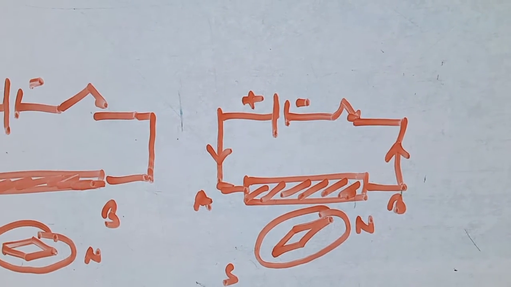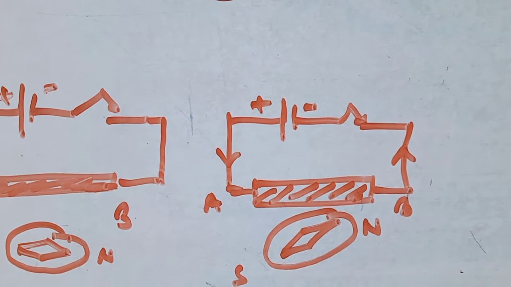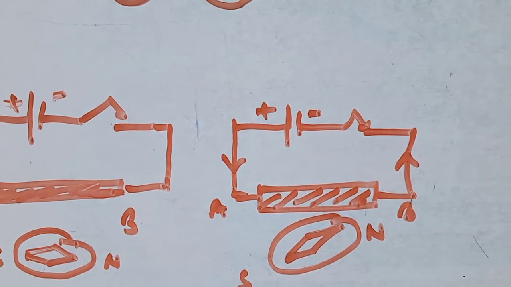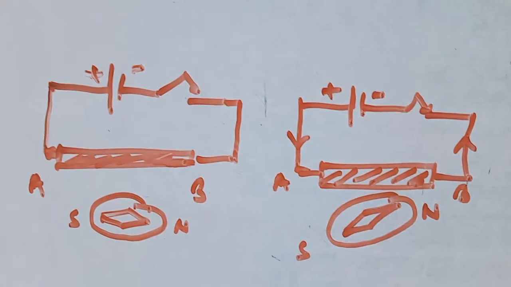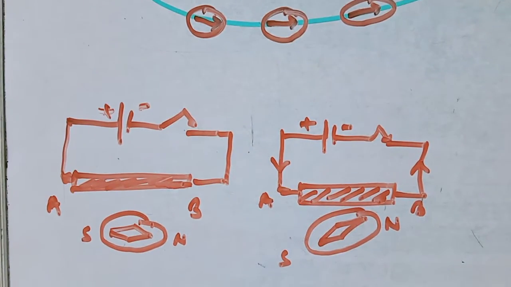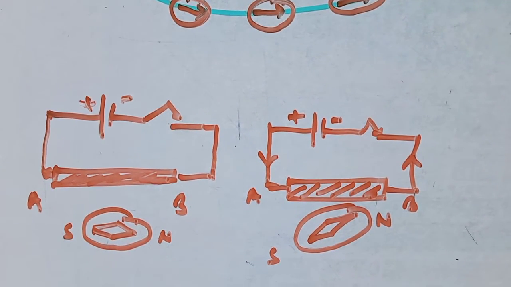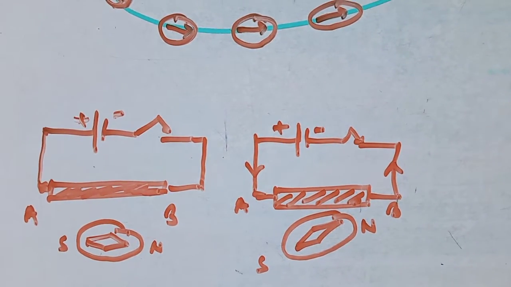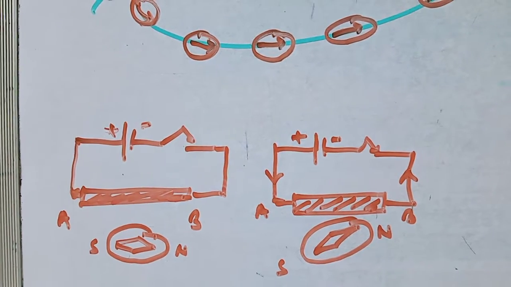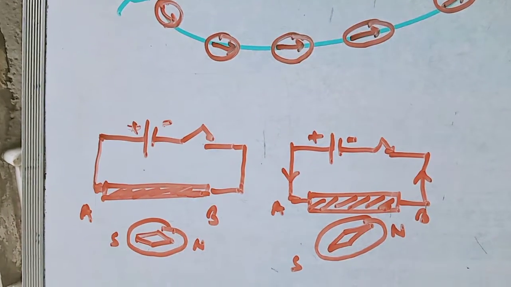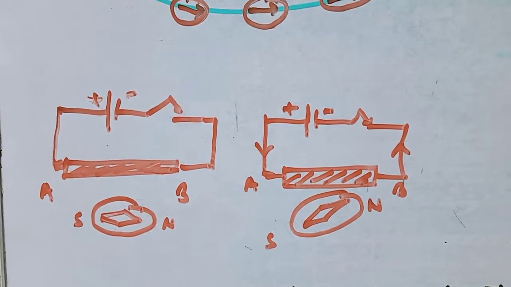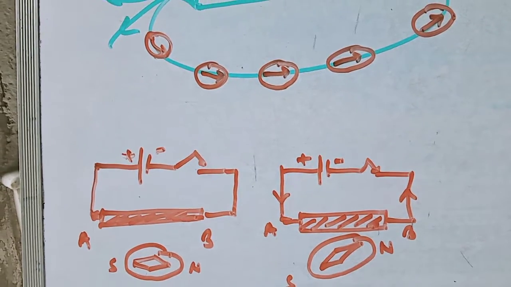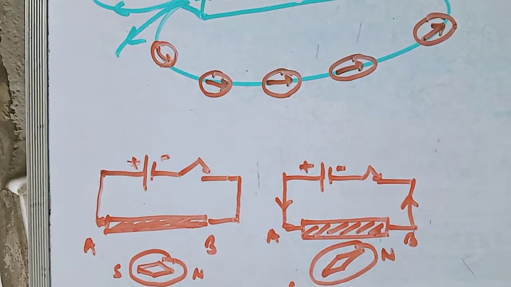Now if you increase the strength of the current or bring the needle closer to the wire, you will observe an increase in the deflection of the needle. That means it is concluded from the experiment that a moving charge produces a magnetic field in the surrounding space. Now it was studied in detail by the French scientists Biot and Savart in the same year.